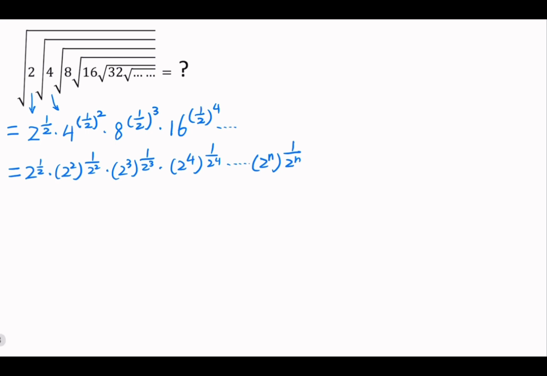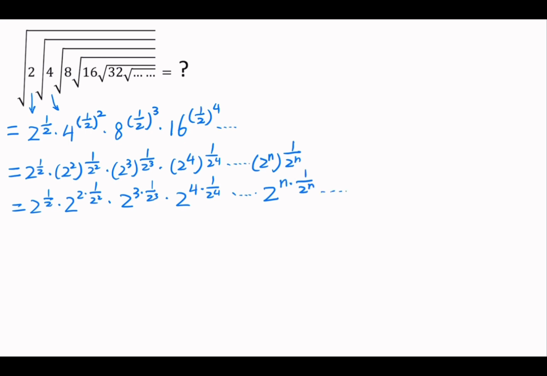And this one actually is 2 to the power of 1 over 2, times 2 to the power of 2 times 1 over 2 squared, times 2 to the power of 3 times 1 over 2 cubed, times 2 to the power of 4 times 1 over 2 to the fourth, and then go to 2 to the power of n times 1 over 2 to the power of n, and then keep going.